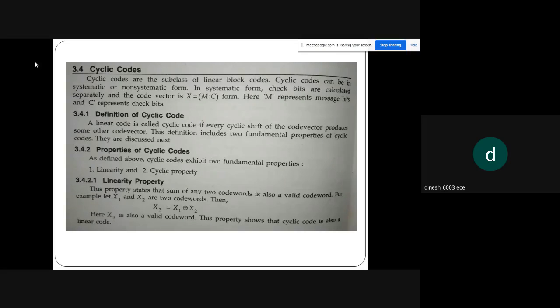The linearity property is that if you do summation or modulo 2 addition of any two code vectors, the result should also be a valid code word or a valid code vector. If that is the case, then it satisfies the linearity property. And cyclic codes always satisfy this linearity property.